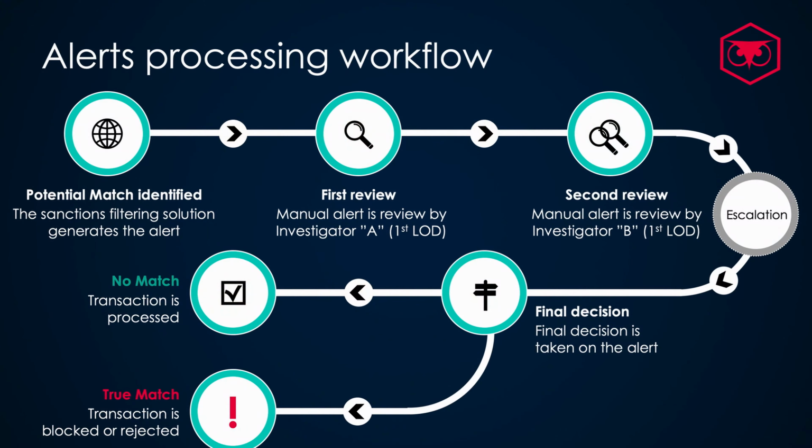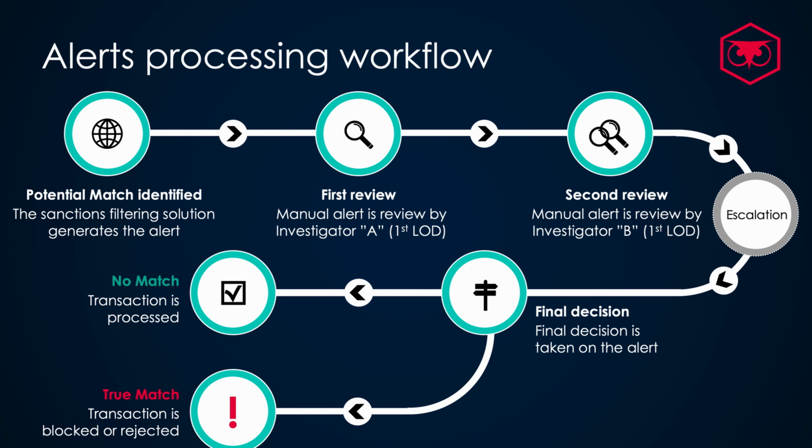Okay, we are aware that there's going to be a system highlighting potential transactions for risk of economic sanctions. The filtering solution will identify those generated alerts and bring them to the attention of the Economic Sanctions Officer for an initial review.